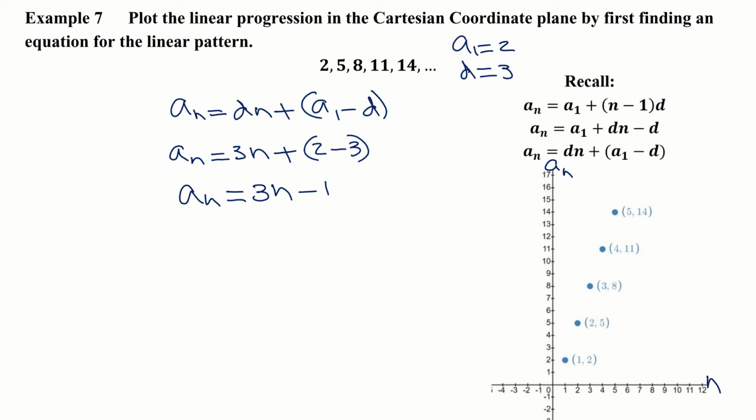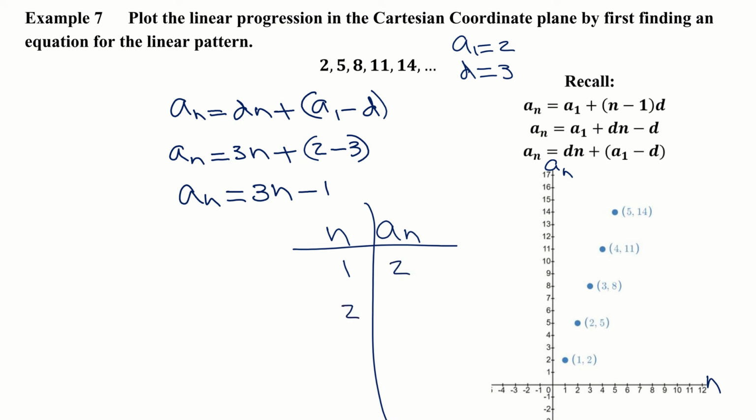minus 1. Okay, so if I make a quick table of values for n and an, you can see that, for example, when n is 1, I get 3 times 1, which is 3 minus 1, which is 2.